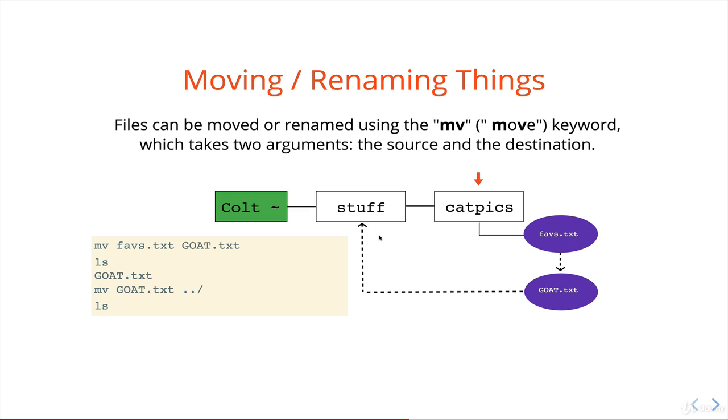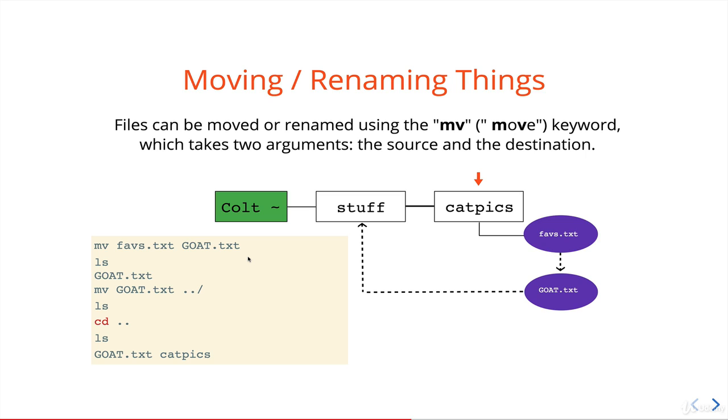Thank you, slides. And if we type ls now, it's gone. There's nothing in catpics. And if we back out one level with cd .. and type ls again, now we can see inside of stuff, we have the catpics directory and now the goat.txt file that has been moved there.